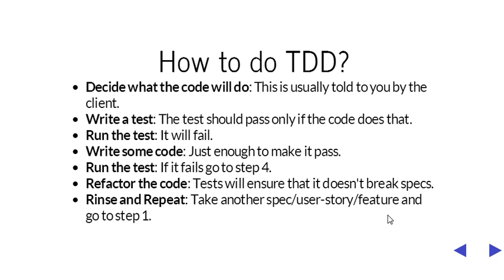The important thing here is you just write enough code so that the test would pass, not anything more, not anything less. And the next step is running the test. If by any chance it fails, you have to go back to the previous step and correct your code or write some more code. This process continues until the tests pass. Once the tests pass, you refactor the code if required to make the code much better. And the important thing to notice is, as you refactor the code, you keep running the tests to ensure that it doesn't break any of the tests.